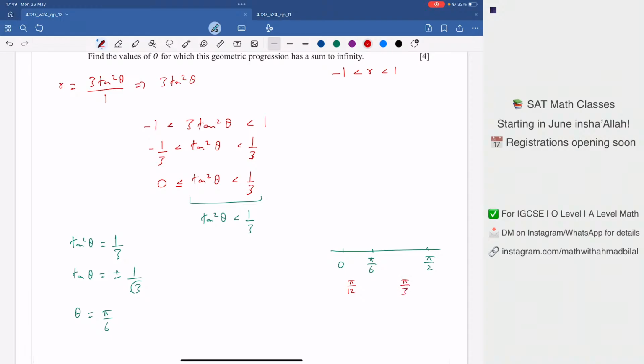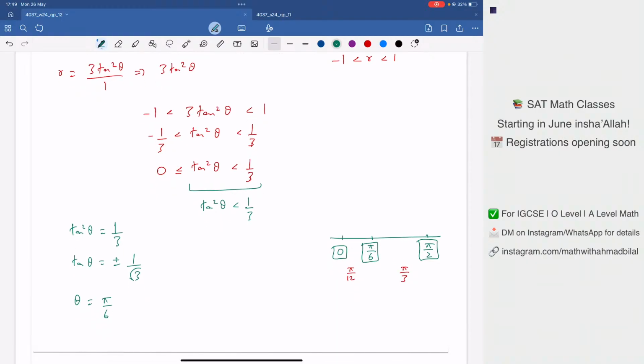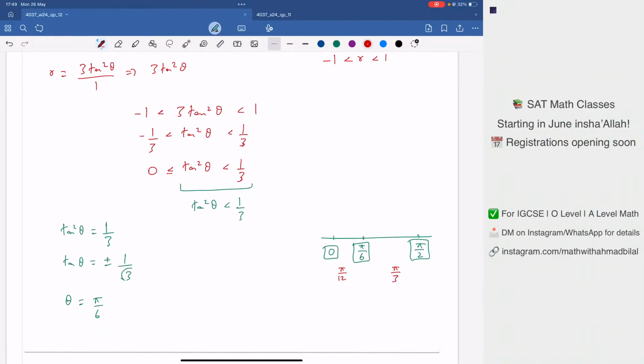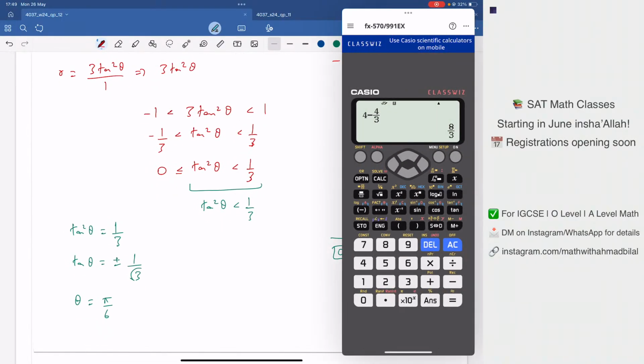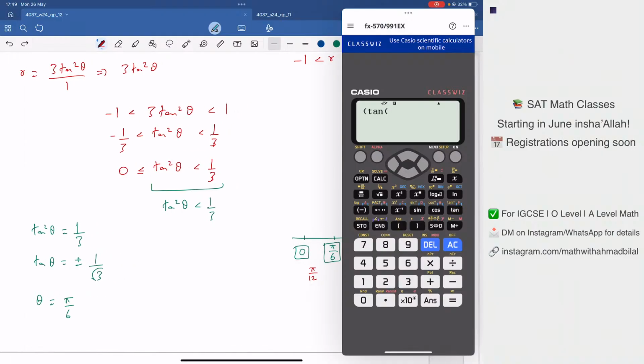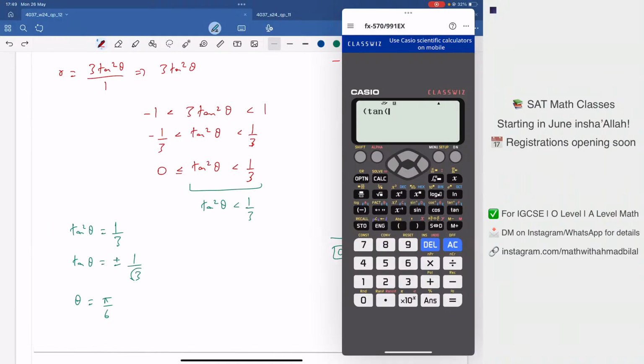You could use decimals as well. That's perfectly okay if you find it difficult to think of it in exact terms. Check these values if they satisfy the inequalities or not. This is the inequality, right? Let's input that here. Make sure your calculator is in radian mode. Mine is right now. So tan of pi over 12, let's check that.